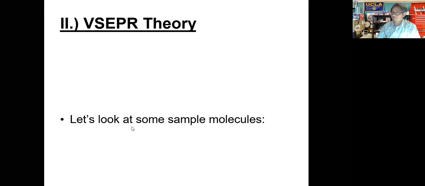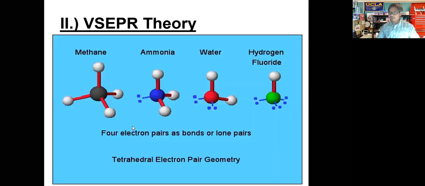Let's take a look at these 4 molecules here. We have methane here, and let me quickly review this for you. In each one of these molecules, there are going to be 4 electron domains. I refer to it as 4 electron pairs in this slide, but what they all have in common is that they have 4 electron pairs, as bonds or lone pairs.